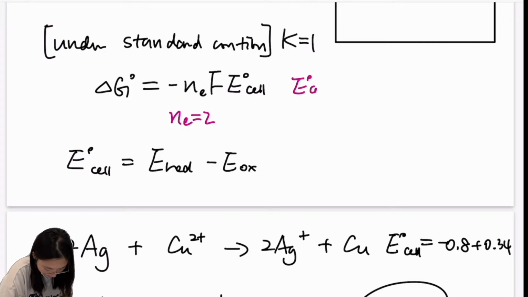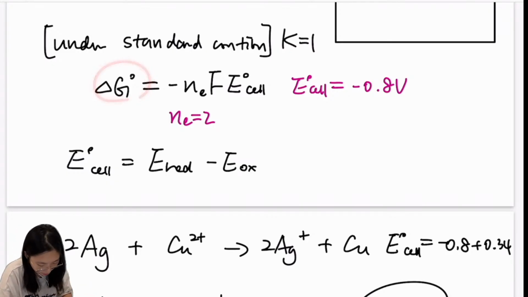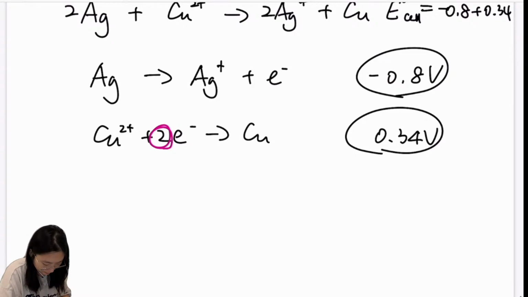And now we know that E cell, the cell potential, is negative 0.8 volts, and F is the Faraday's constant. You just multiply them together, then you will get the delta G. And remember that delta G and cell potential always have opposite signs. So for delta G less than 0, this is considered thermodynamically favorable.